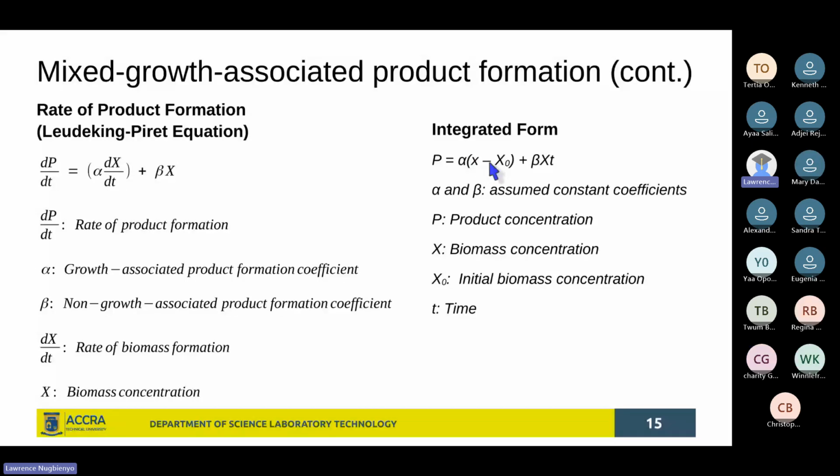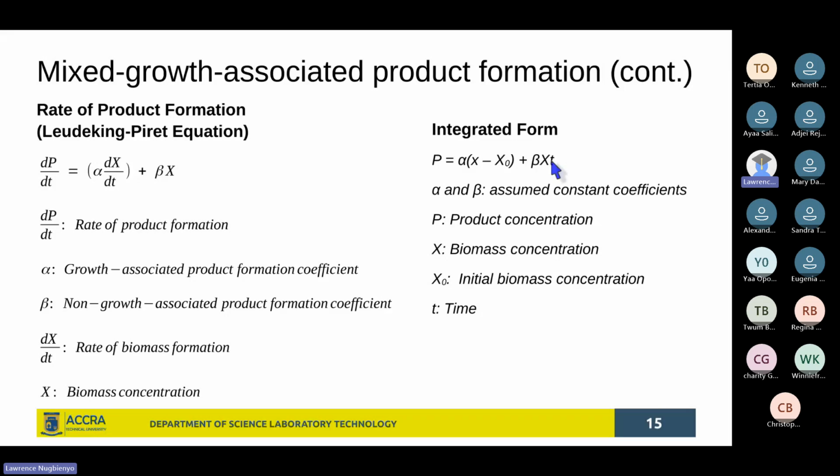the product of that with the difference in concentrations of the initial biomass and the biomass concentration at a particular time that this is being determined, and you add that to the product formation occurring with the non-growth associated, where the constant there is beta, which is the non-growth associated yield coefficient, the x being the biomass concentration, and t is time.